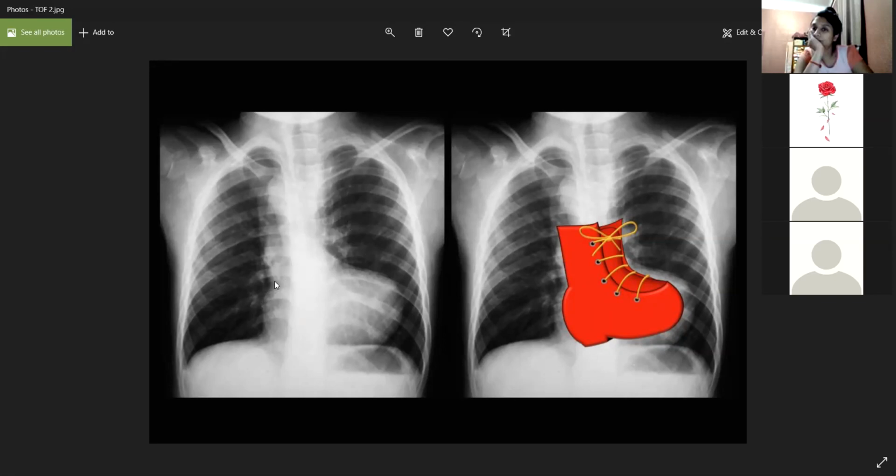Number one, you see that your right ventricle is thickened here. Now, because of this, the left ventricle gets pushed up because of the diaphragm.